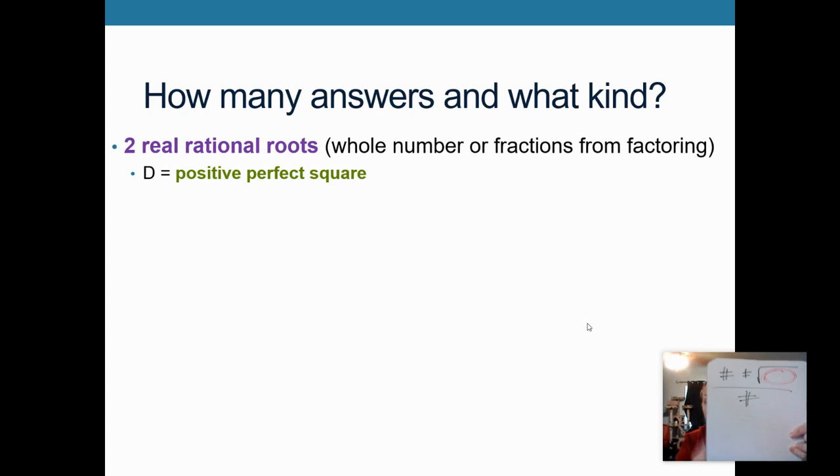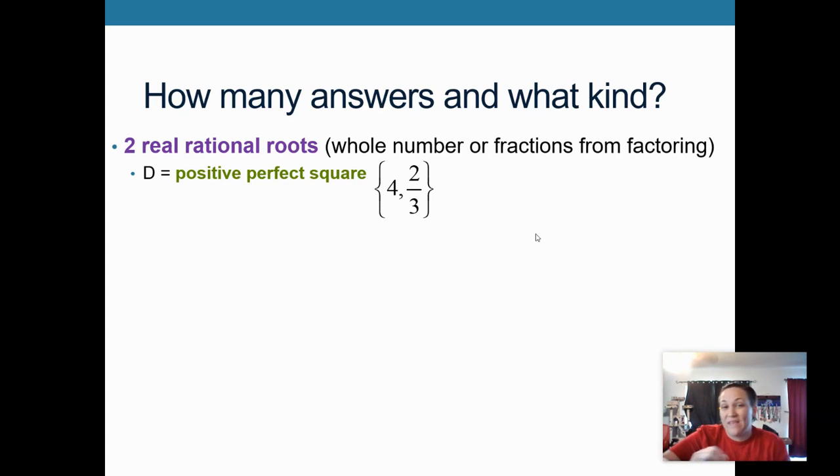If that number is a perfect square, then the square root sign will go away because you'll be able to square root it and you'll be left with all nice, pretty numbers. So if your discriminant is a perfect square, then you should get nice answers, whole numbers or fractions, and there should be 2 of them.